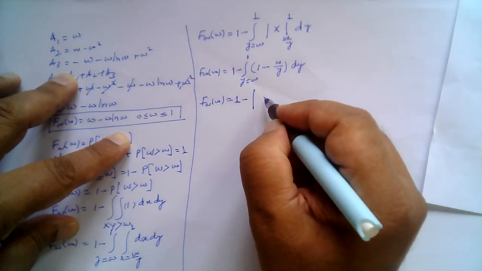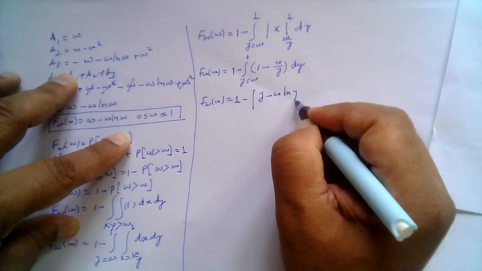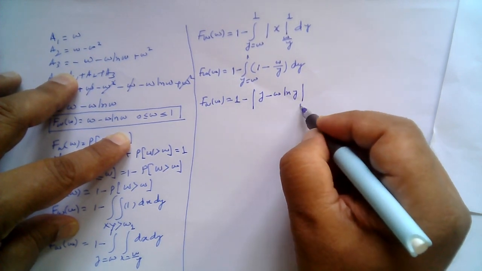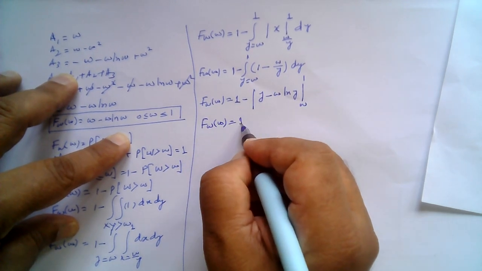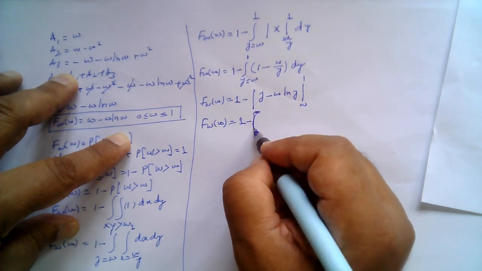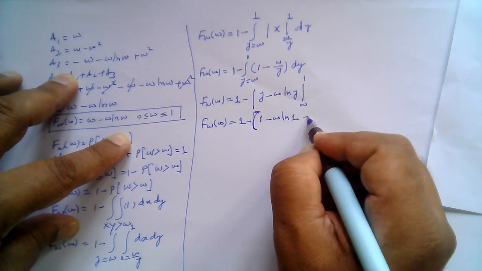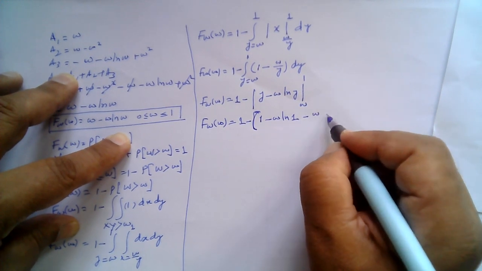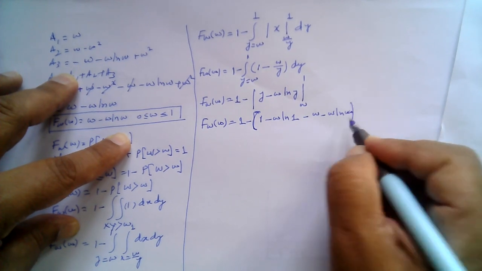So this is y minus w natural log of y, and the limits are w to 1 now. So F_W of w is 1 minus, 1 minus w natural log of 1 minus w minus w natural log of w, right?